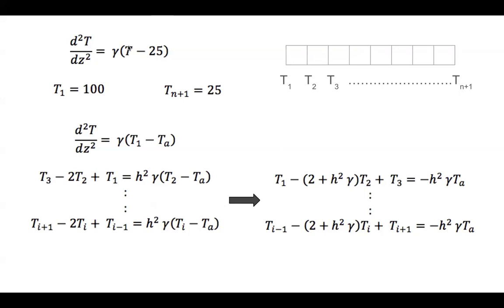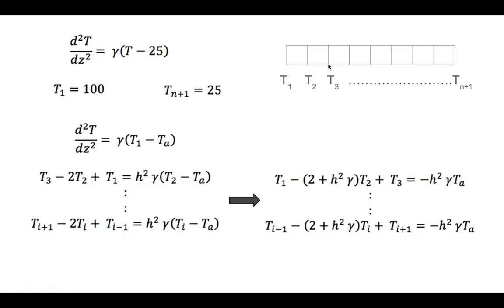Here T will be T2 because I'm doing it for this current grid point. So that will be gamma times (T2 minus Ta), where Ta is nothing but 25. Here the h square term I'm taking to the other side. So this will be the first equation that I get at the T2 grid point.